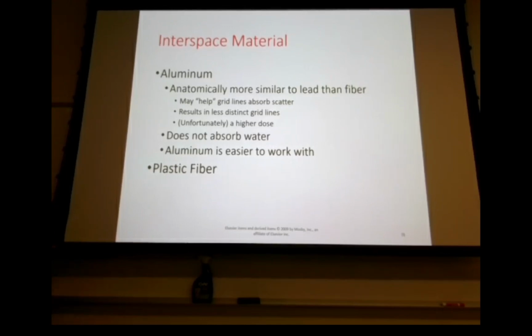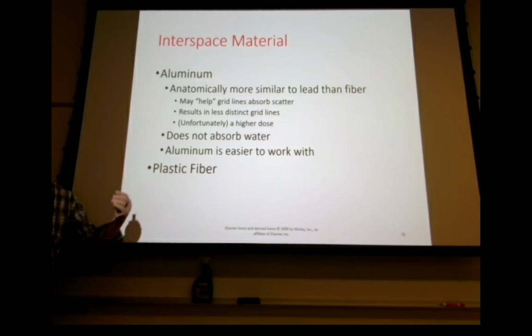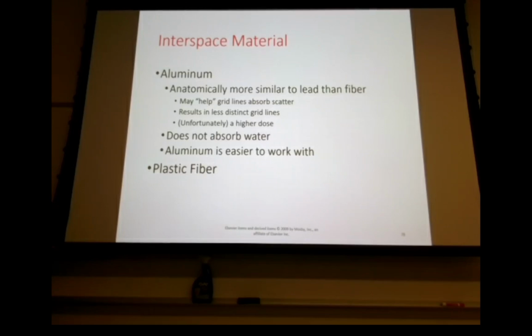If you have a crack in your grid and some body fluid gets down inside, you know what happens if you drop a book in a mud puddle, right? Or in a water puddle. The pages are never the same again, right? So the problem with paper is it absorbs the water, and the hydrostatic pressure of absorbing that water is going to warp your grid strips, so it becomes obsolete.